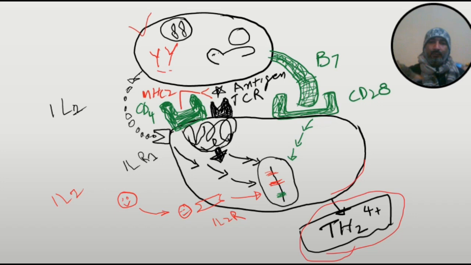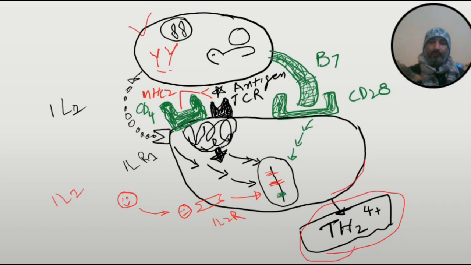After that, the third signal is that the macrophage produces interleukin 1 molecules, and those molecules will bind with the IL-1 receptor. Here I am showing this, and this will also give a signal to the nuclear machinery.